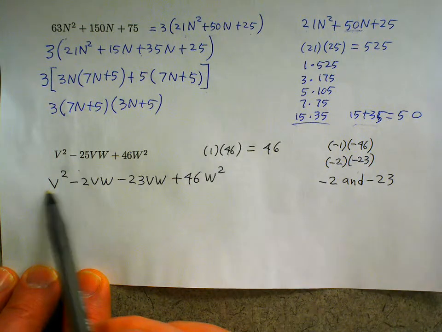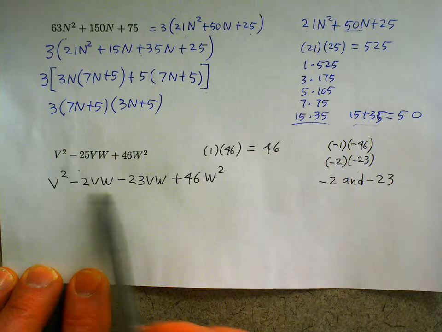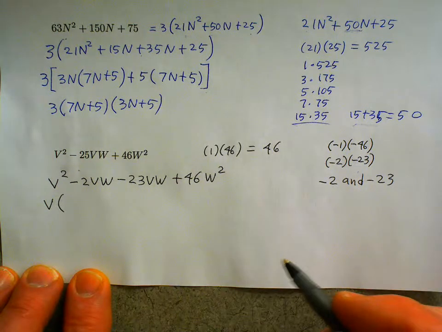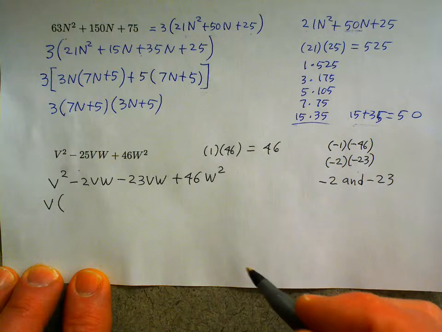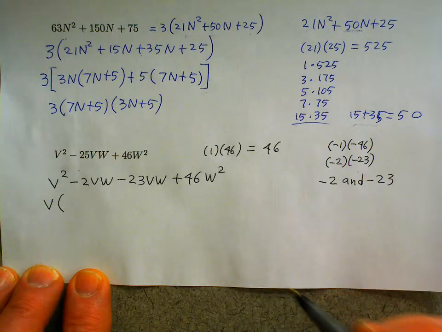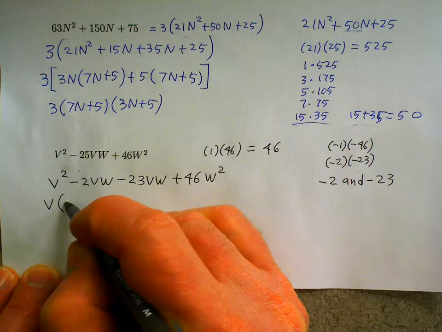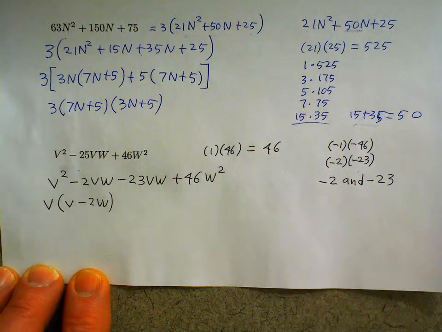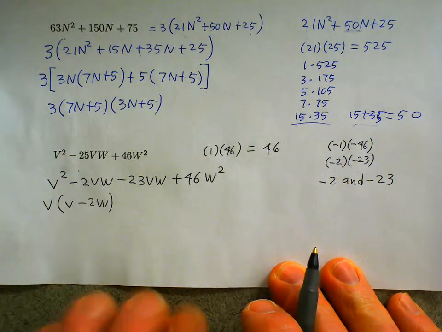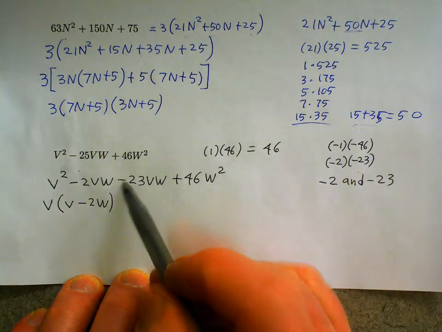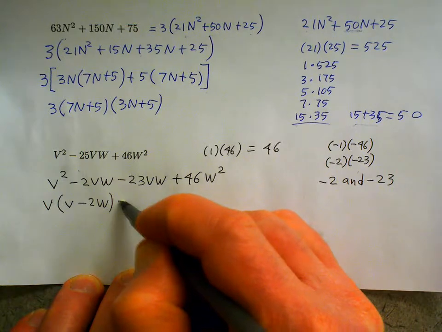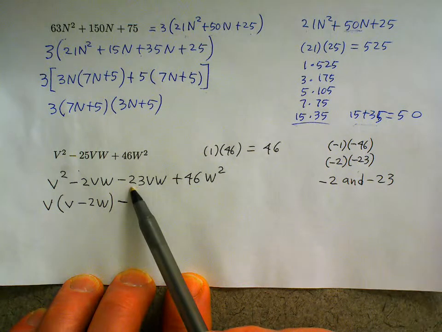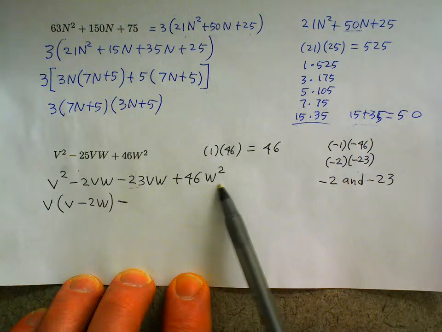Out of the first two terms, the greatest common factor is v. And the binomial that stays behind is v minus 2w. Then the middle operator is subtraction, bring down subtraction. And above that, we group the third and fourth terms.